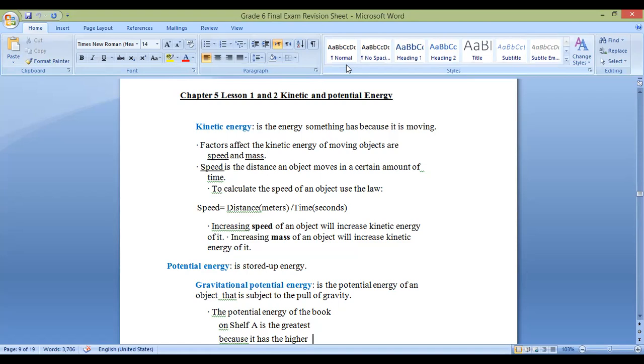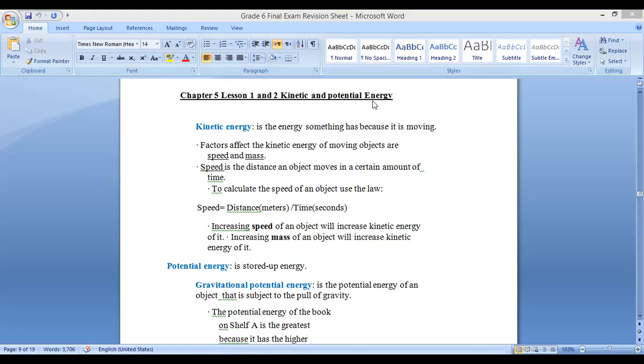Now, there is something called gravitational potential energy. Who can tell me the meaning of gravitational potential energy? Gravitational potential energy is the potential energy of an object that is subject to the pull of gravity.